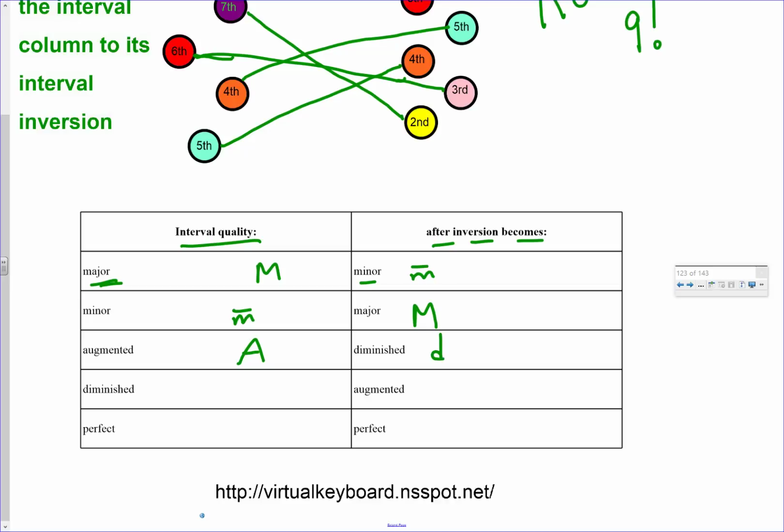If the interval is diminished, after inversion it will become augmented. If the interval is perfect, after inversion it will stay perfect. And these will add up to the generic number of 9.